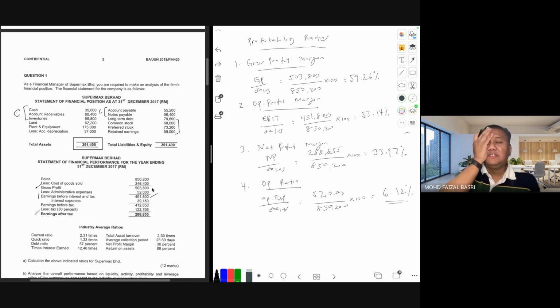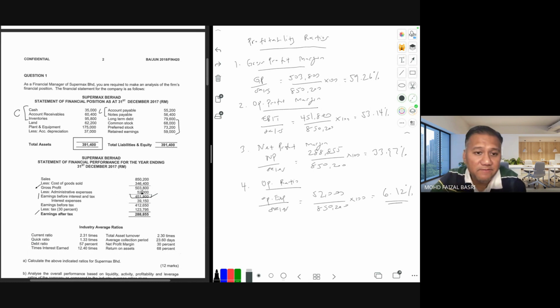Okay, for the previous group tadi, that question December 2018, the earning before interest and taxes dia tak bagi. Dia hide this information. So how to find this 451,800 kalau dia tak bagi? Okay, what you need to do, selalunya dia akan bagi gross profit and then dia akan tolak dengan operating expenses.